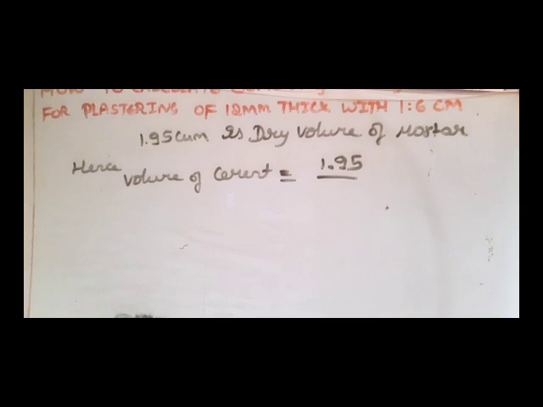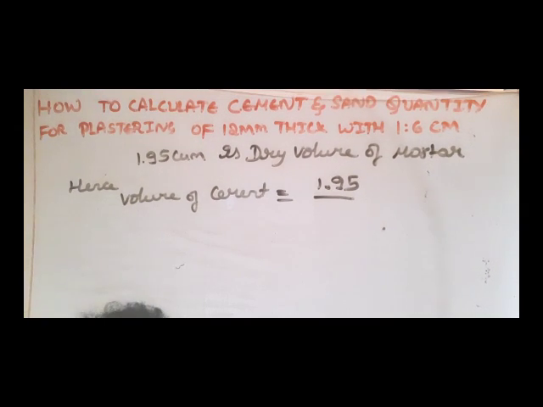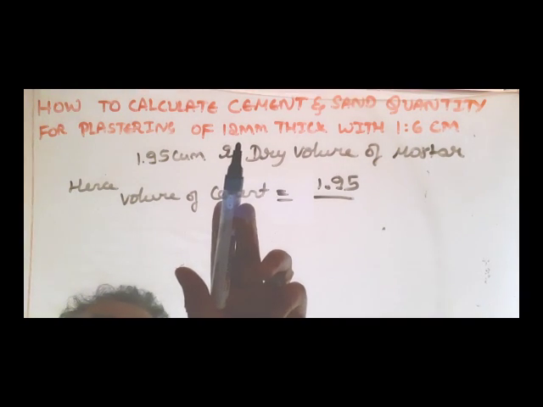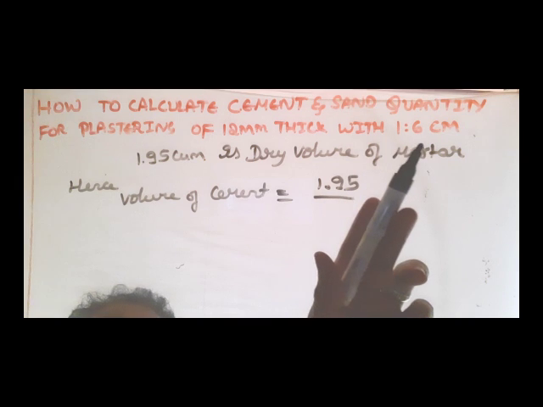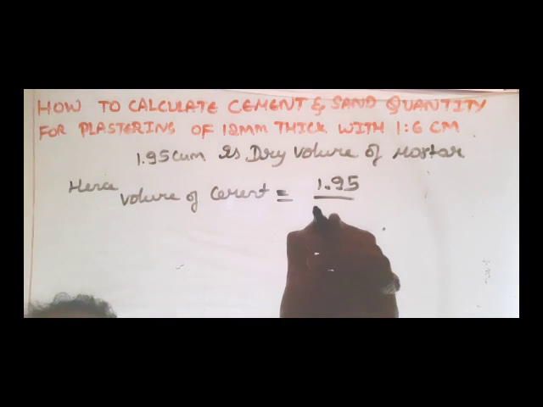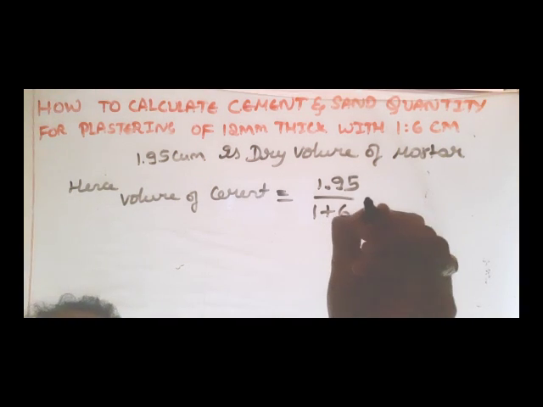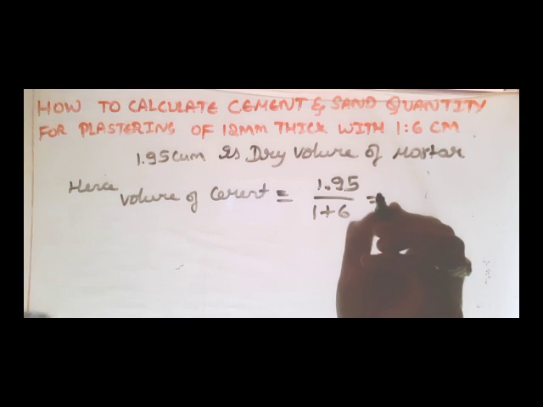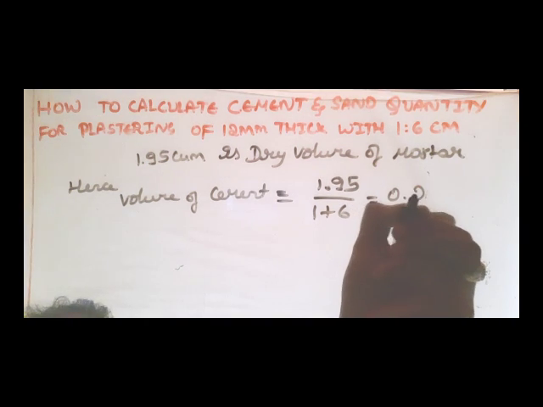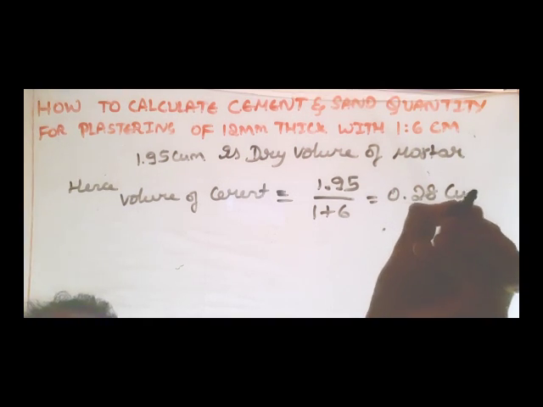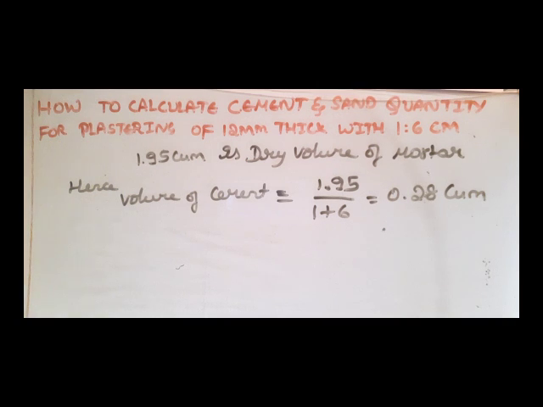In the question, we are using 12 mm thickness with 1:6 cement mortar. So the ratio I'm going to add is 1 plus 6. If I calculate, I get 0.28 cubic meter. So this is your volume of cement.